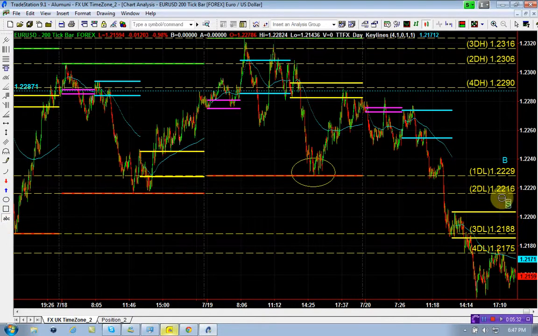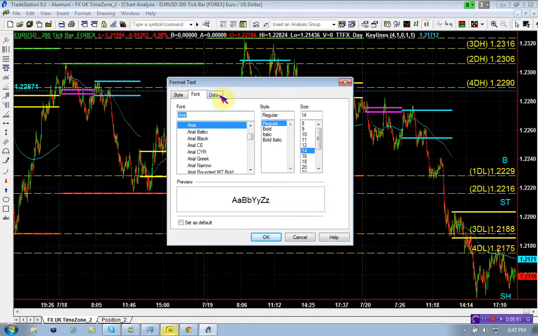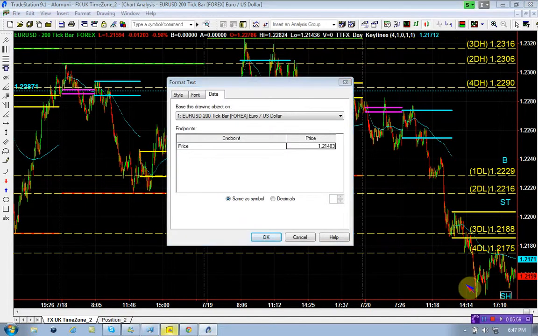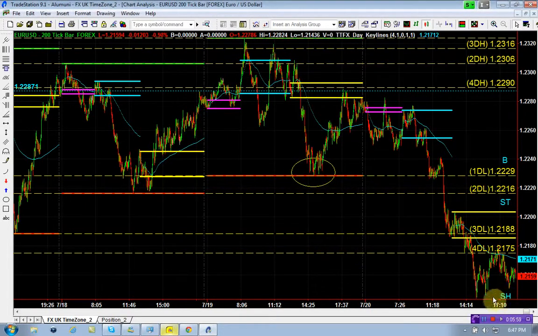My stop is going to be here, below the 122.16, and I'm going to go short below the low of the day. If I do, my stop is going to be above the 121.88.